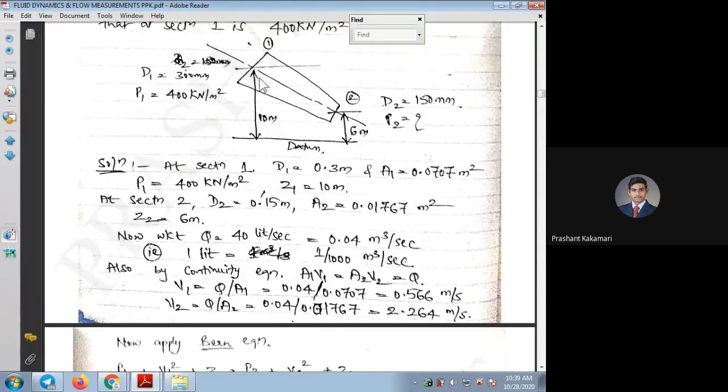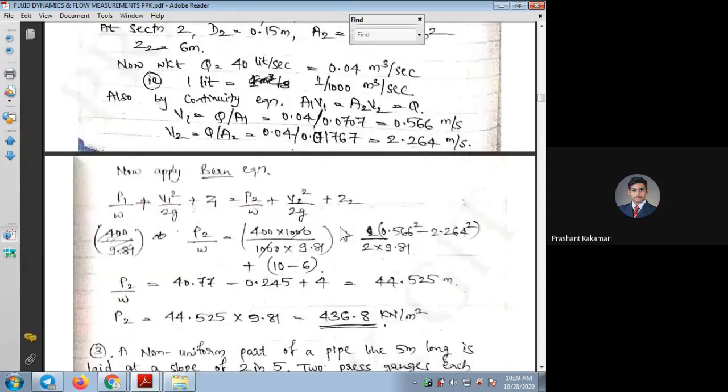So with this potential energy plus the tapering, or the change of cross-section area, velocity is increasing and the area is also reducing. Due to this, there is a lot of change of pressure, a lot of increase in the pressure at the outlet side, that is around 436.8 kilonewton per meter square.